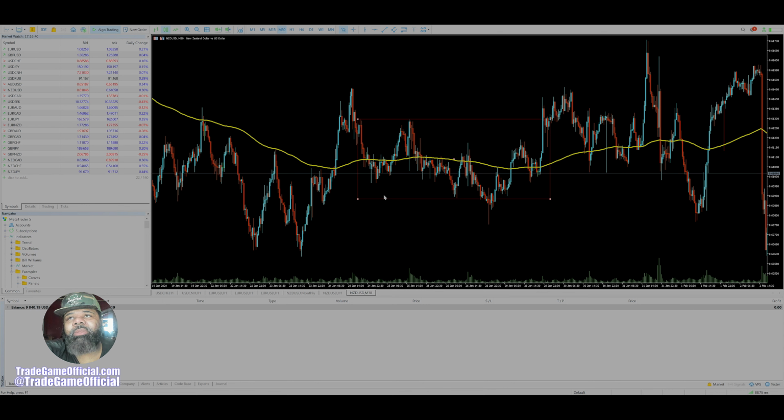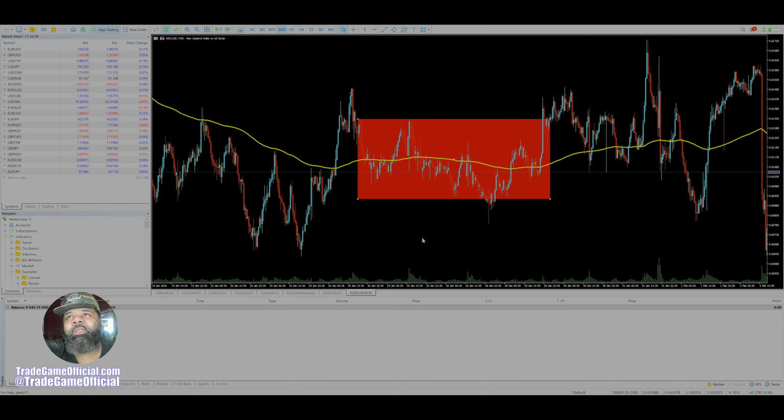I don't want it to look the way it's looking. I don't know how to do that on MT5, unfortunately, but there is a way to do it. I just don't remember how. Oh well, I guess I'll have to figure that out off camera. Oh yeah, there we go. I see it. Boom. There we go. Sorry guys.